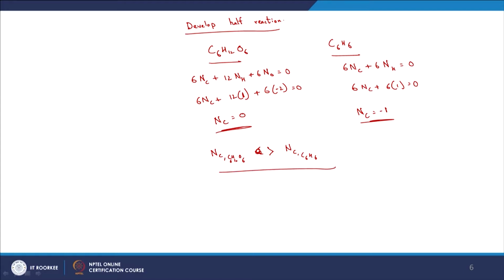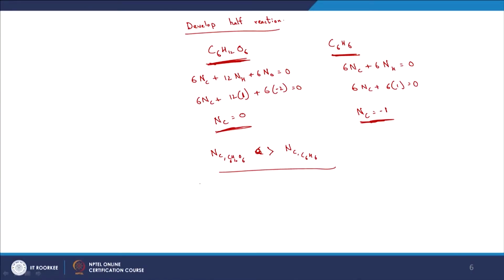Thus we can see that carbon is more oxidized when it's in the form of glucose, but more reduced when it's in the form of benzene. Looking at the oxidation state, that's the relative comparison that we can draw. Carbon has oxidation states ranging from +4 to -4. So this is the way you can calculate the oxidation state of carbon in various molecules. And in this case, you see that carbon is more oxidized in the glucose molecule.